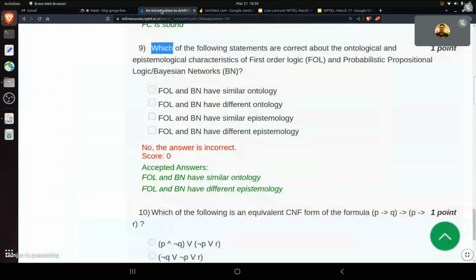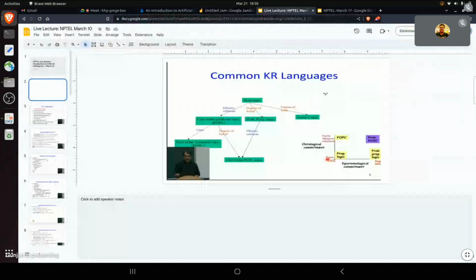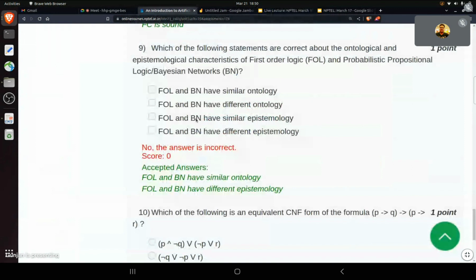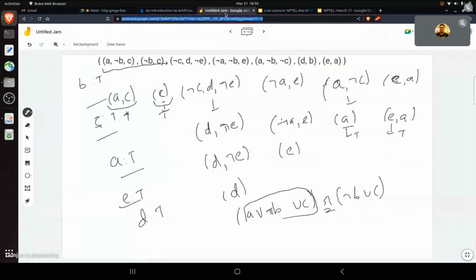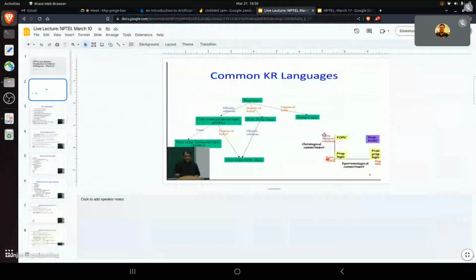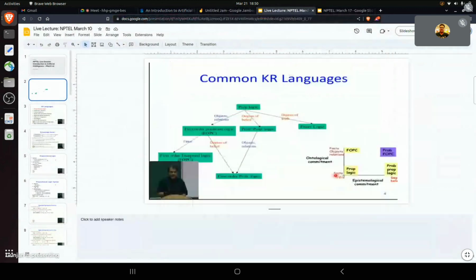So what is the question asking? The question is asking whether FOL and BN have similar ontology and different epistemology. FOL is first order logic, and BN, the Bayesian network, is probabilistic propositional logic. I think from this figure also you can understand this part.